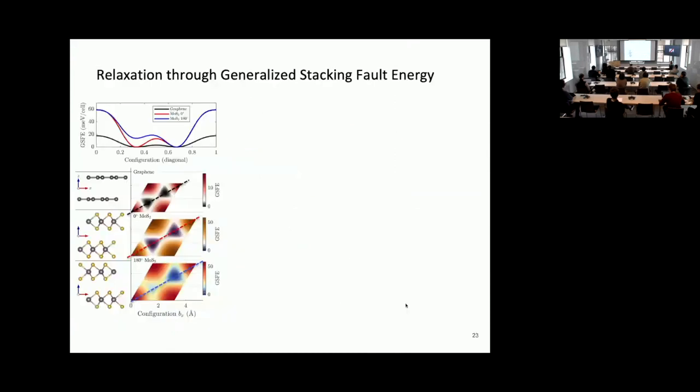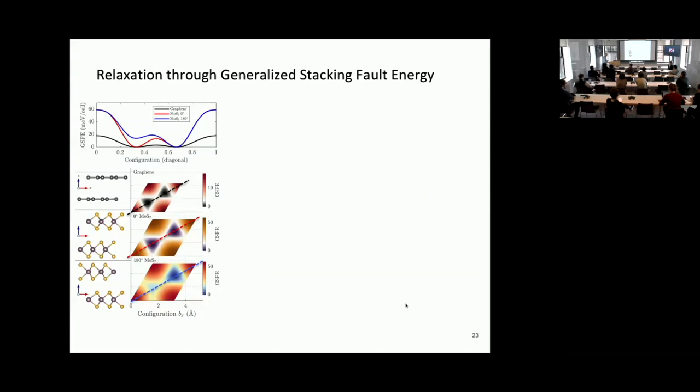And using now this idea, here are a few pictures of the generalized stacking fault energy for graphene. Those are the two planes of graphene, sliding them on top of each other for a primitive unit cell, just a 2-atom unit cell per layer. You don't have to go to large unit cells. So this is what generates these generalized stacking fault energies. The dark lines are cuts through this.